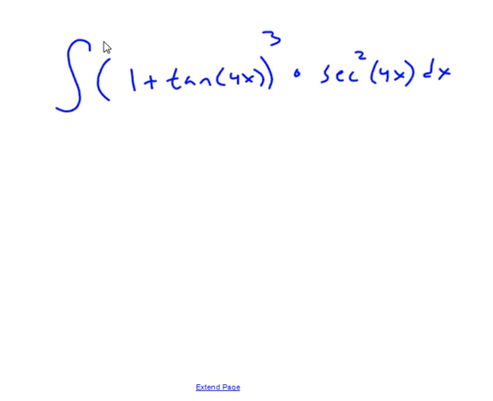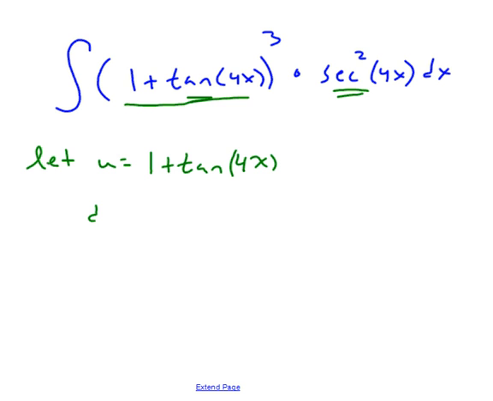We've got a sec squared and we've got a tan. The derivative of tan is sec squared. So that should start clueing in reverse chain rule. So we're going to let u equal something. Let's let it equal the inside function. So let u equal 1 plus tan of 4x.